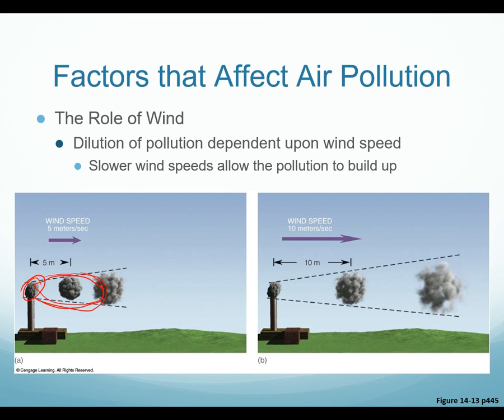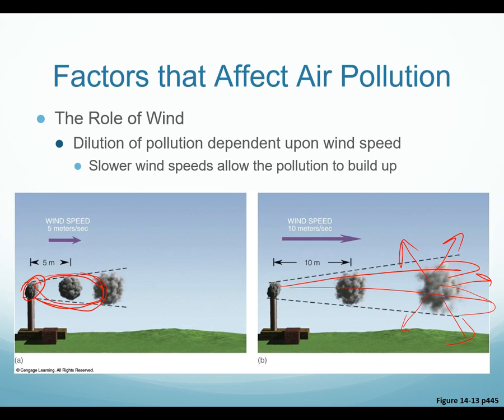It doesn't go very far. Whereas in the figure on the right, if the wind speed is higher, then that pollution really starts to disperse and it becomes less dilute. And so slower wind speeds allow pollution to build up, whereas higher wind speeds cause it to spread out.